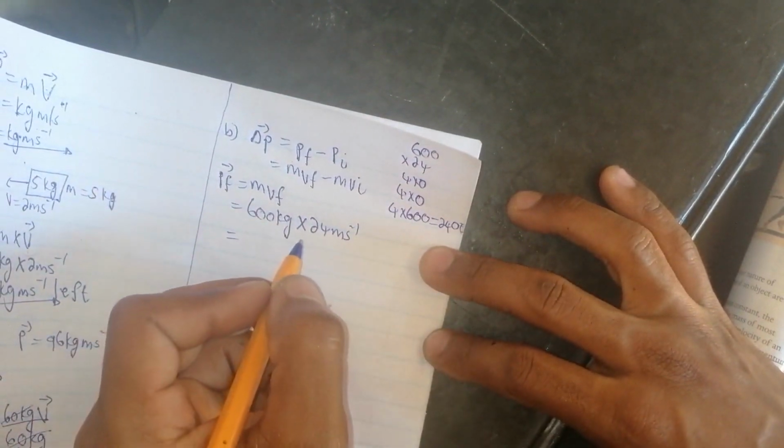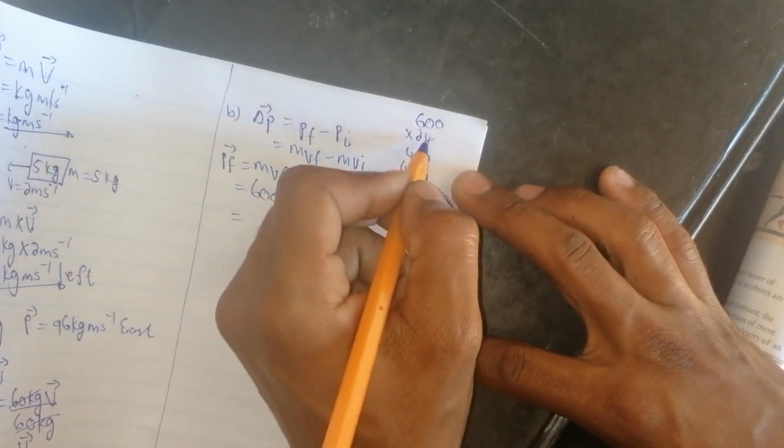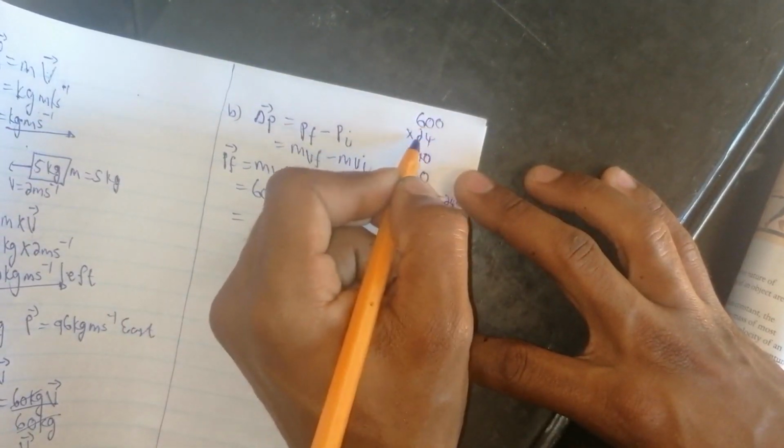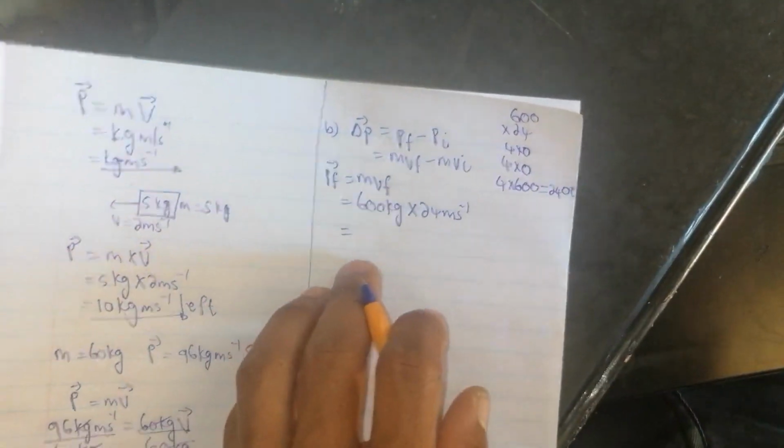And I'm going to say, okay, that was 4 multiplying this. Now I'm going to say 20. Oh, okay, sorry, let me not do it in this way. Let me just go straight into a calculator so that we don't consume a lot of time.